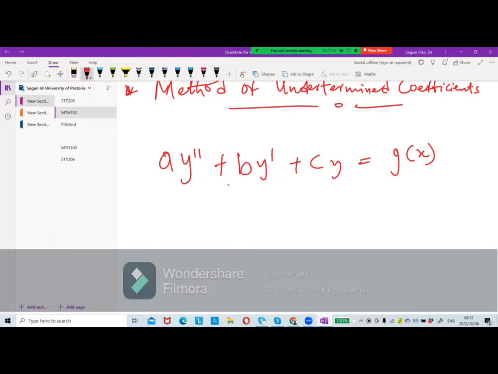So now, for us to write this particular equation out, we have the general solution to be y equals yc plus yp. What is yc? Yc is the complementary function, that is, the complementary aspect of the work.